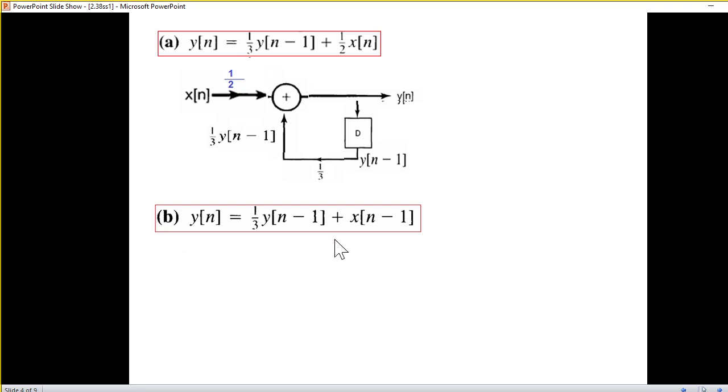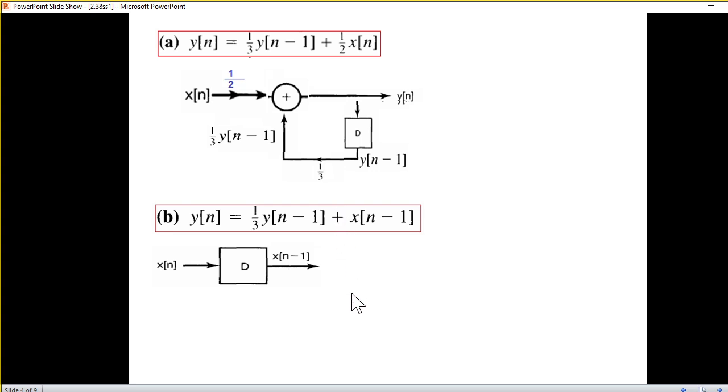Coming on to equation B, the only difference is that we have a delay with the input as well. Here, x[n minus 1]. So first of all, again this one. So the x input has been delayed now, x[n minus 1].